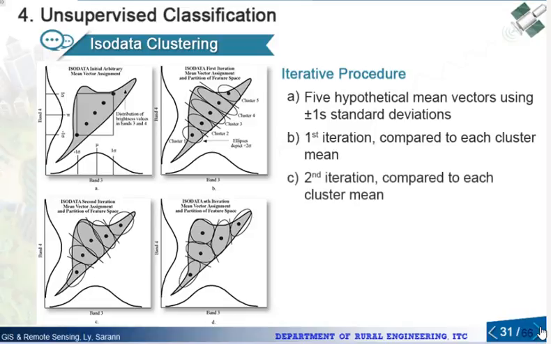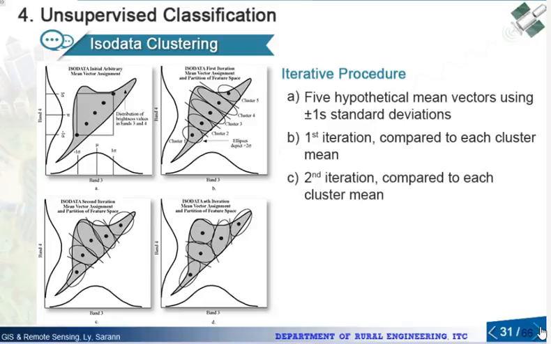During the second iteration, a new mean is calculated for each cluster based on the actual spectral location of the pixels assigned to each cluster, instead of the initial arbitrary calculation. This involves analysis of several parameters to merge or split clusters.